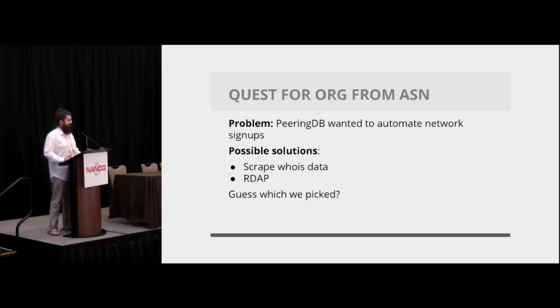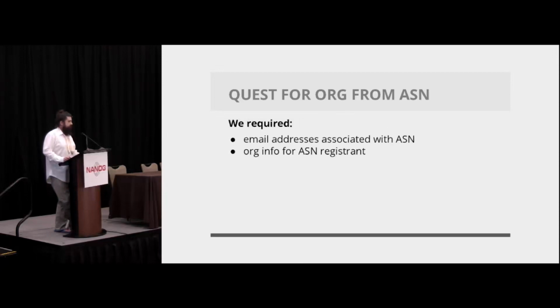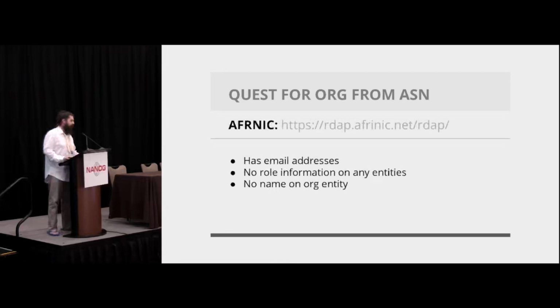Or we use RDAP, which is as of yet incomplete, but we know that the data we get is correct and will remain correct. So we obviously picked RDAP. All we wanted to get was all emails associated with the AS, and then the organization name, essentially.